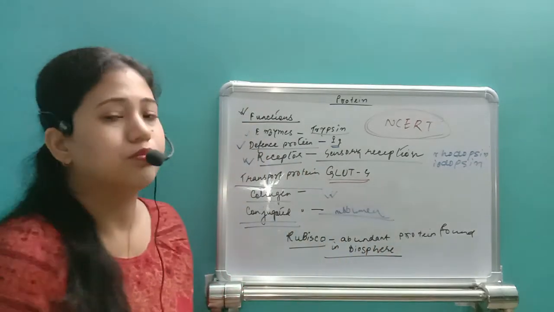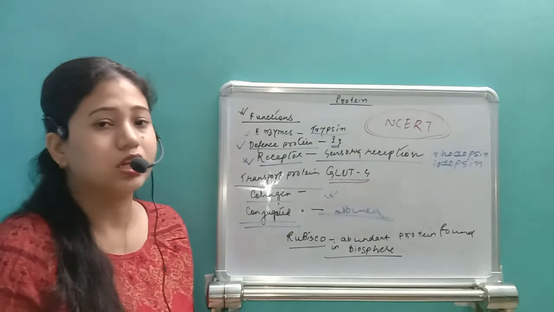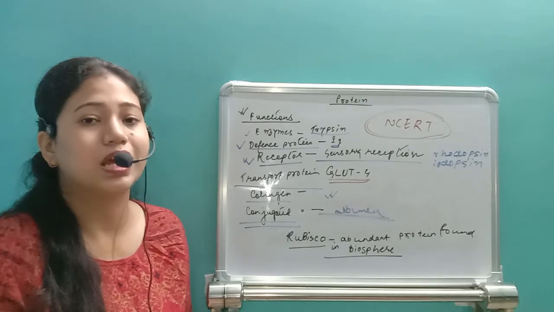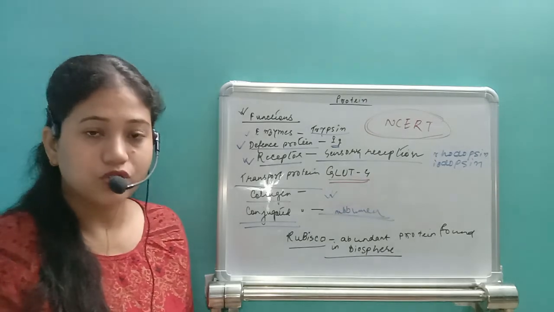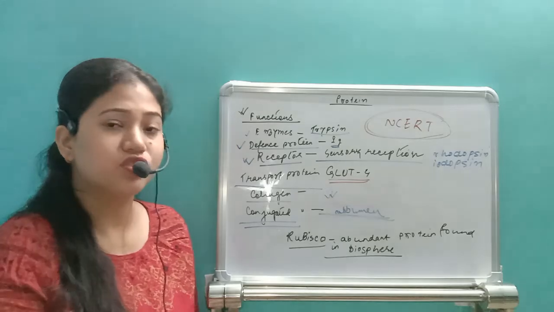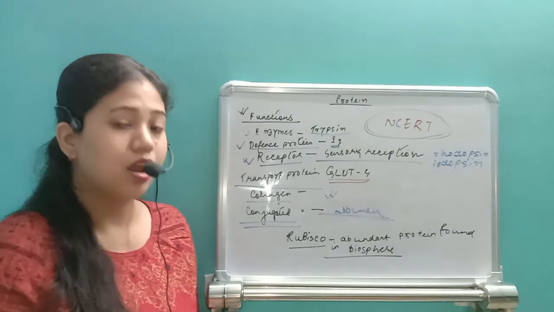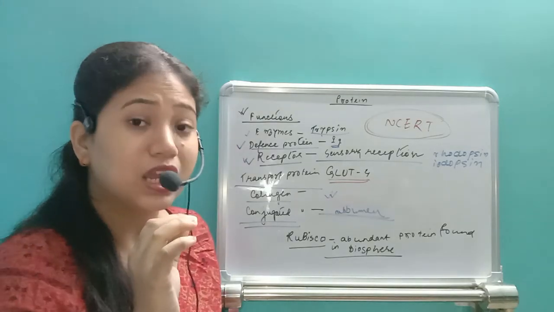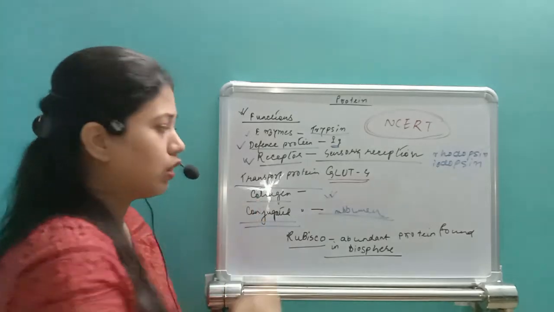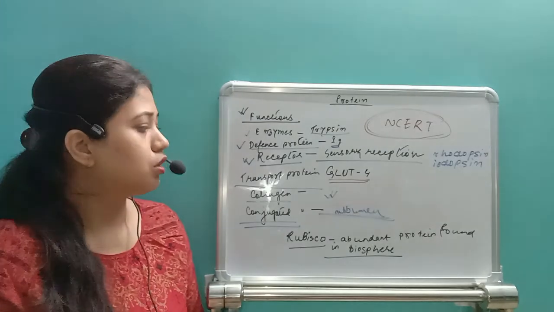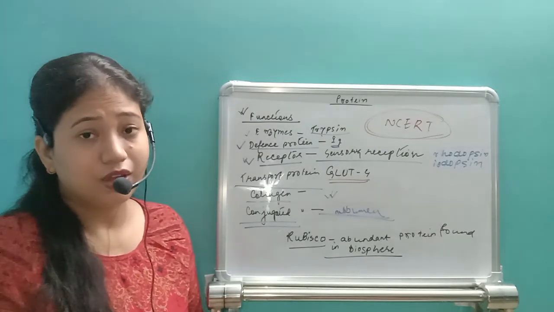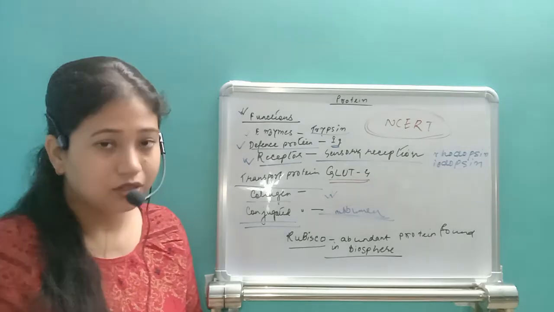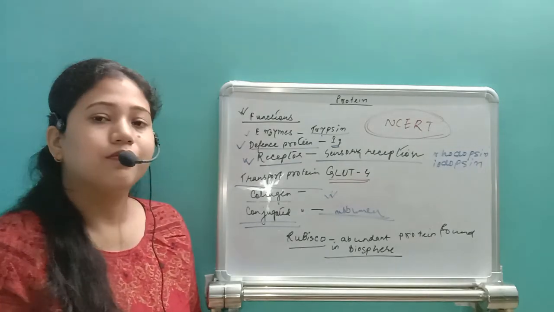This is called Rubisco, which is found in plants, which is helping in the photosynthesis process. So it is the most abundant protein in the whole biosphere. And what is the most abundant protein in the animal kingdom? That is collagen, right? Collagen is the white fiber which is giving us strength. So these are the different functions of protein.